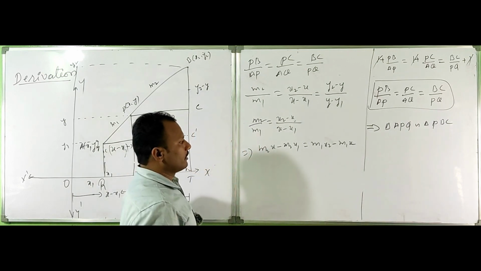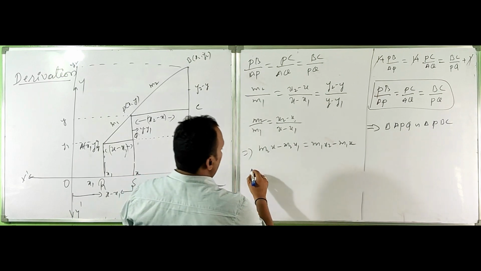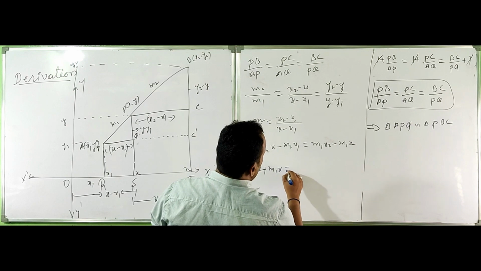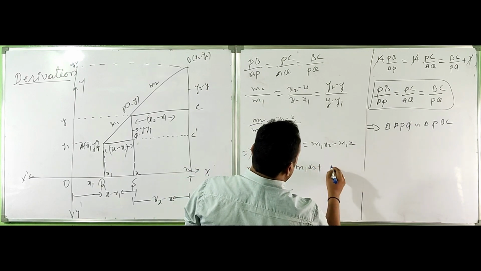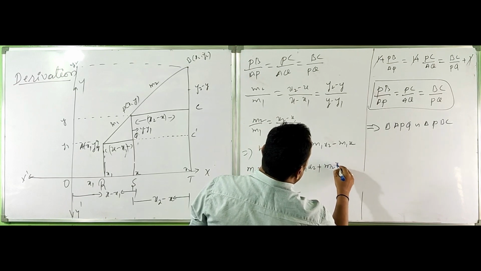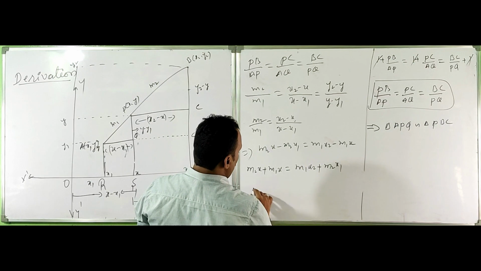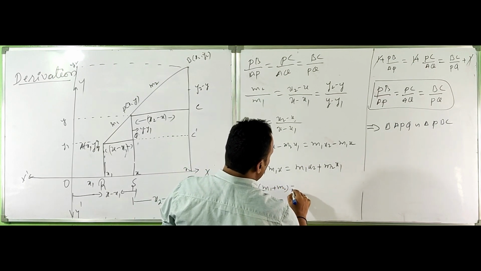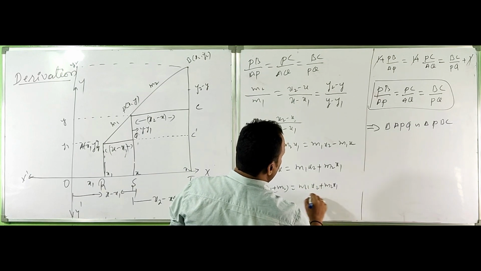Take the common terms: M2X plus M1X is equal to M1X2 plus M2X1. X is common here, so X into M1 plus M2 is equal to M1X2 plus M2X1.